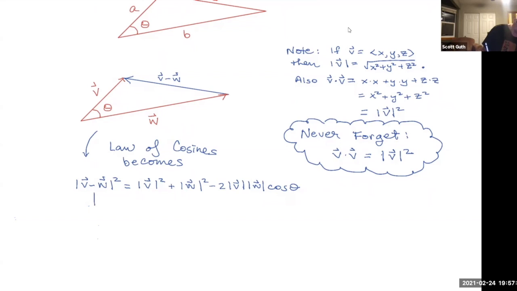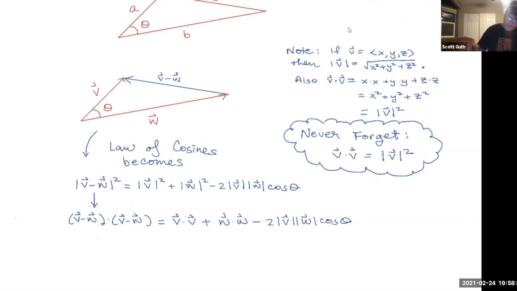So we could say that the magnitude of V minus W squared is V minus W dotted with V minus W. Magnitude of V squared is V dot V, V dotted with itself, plus the magnitude of W squared, that would be W dot W, minus 2 magnitude of V magnitude of W cos theta.